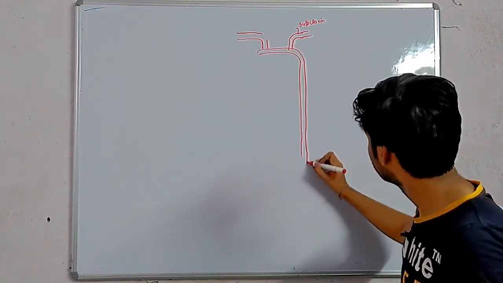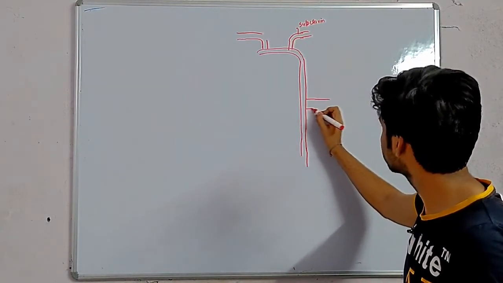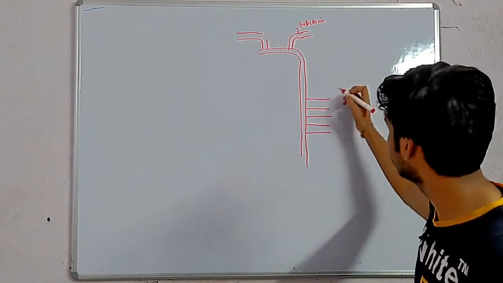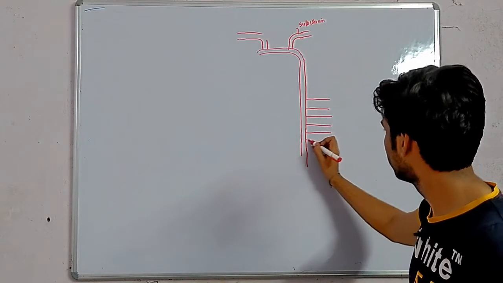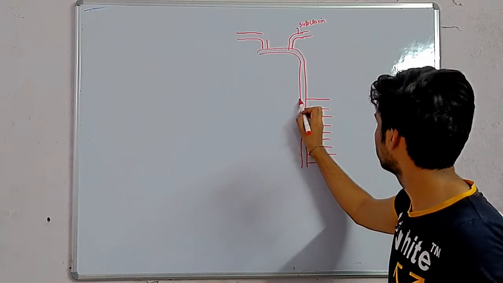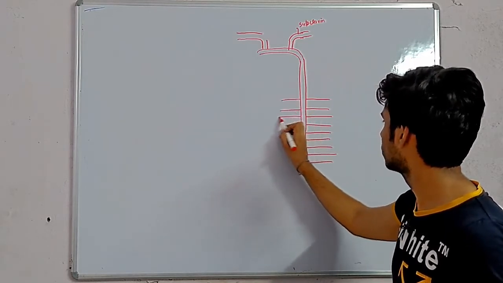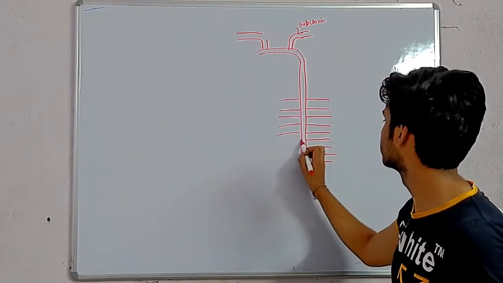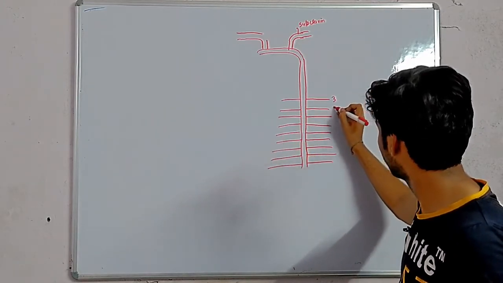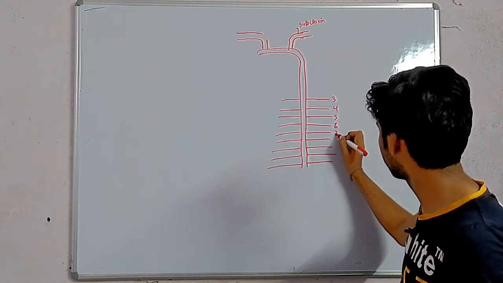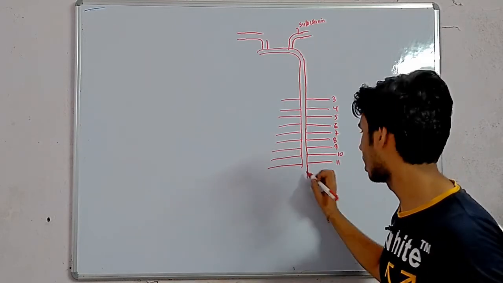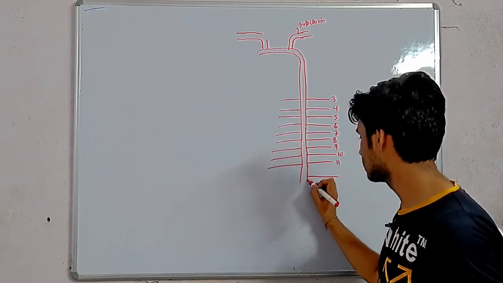So here are the posterior intercostal arteries 3, 4, 5, 6, 7, 8, 9, 10, 11, both sides. And one is the subcostal artery, which is just below the 12th rib.